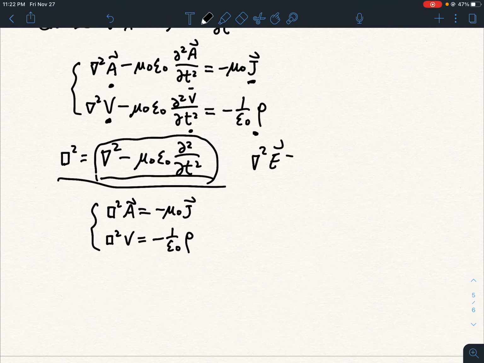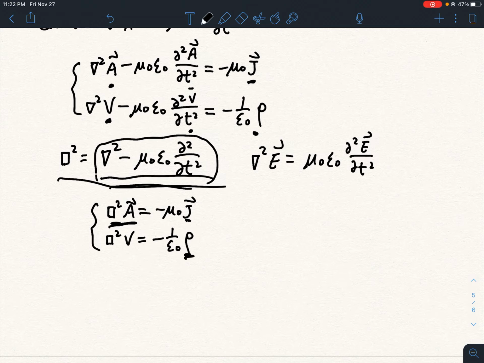If you remember the wave equation that we have, it is really this. In other words, if there is no current and no charge, the right side becomes zero, so A and V both satisfy the wave equations.